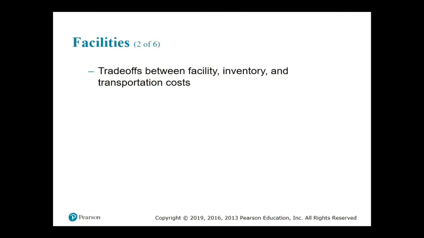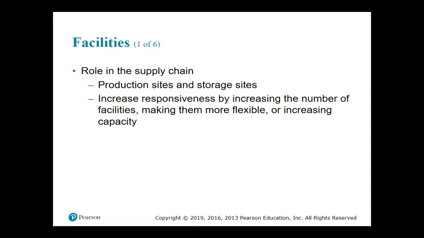To illustrate the effect of the number of facilities on responsiveness, imagine we have a region, and let's assume that we're Walmart. We want to think about how many stores to build in this region.